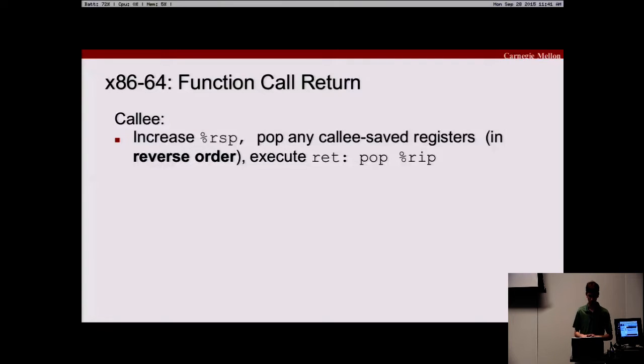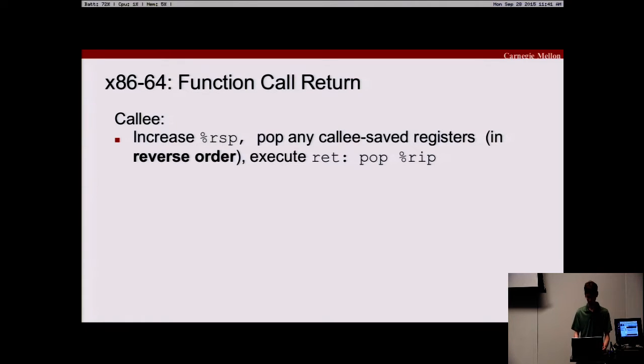And then when you return, you increase the stack pointer, so you set the stack pointer now to a higher address. You've essentially removed that space from the stack for those local variables since they're no longer in scope. And you pop those registers that you saved so that they're restored to what they were before for the caller function. You have to do this in the reverse order that you pushed them on, of course, because a stack reverses things.